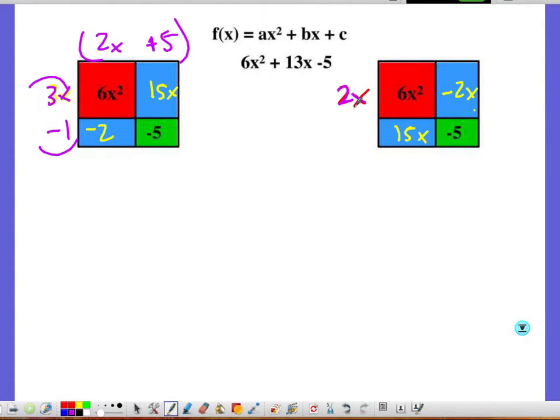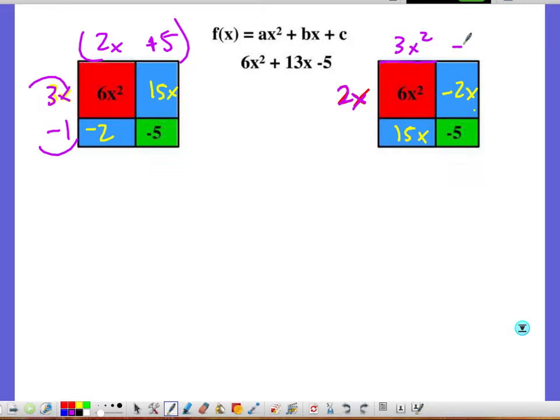Since I know this dimension is 2x, then what is the dimension of this? 2x times what gives me 6x squared? Well, this has to be 3x. Wait, hold on. I said 3x squared, but this is supposed to be 3x. Okay, 2x times 3x gives me 6x squared. And now the rest is pretty simple. 2x times what gives me negative 2x?